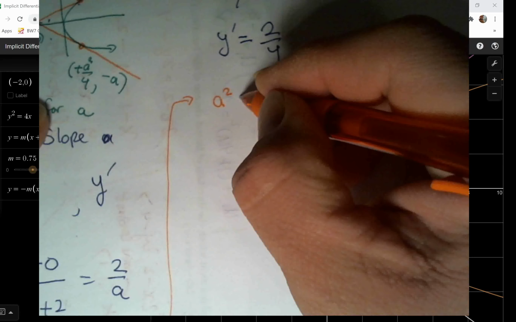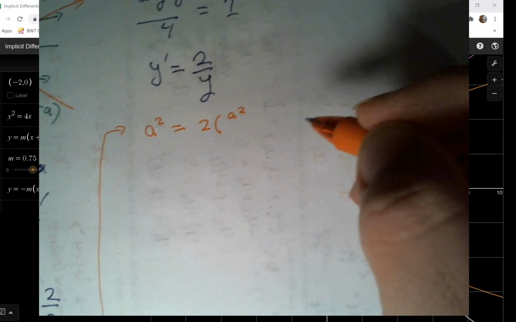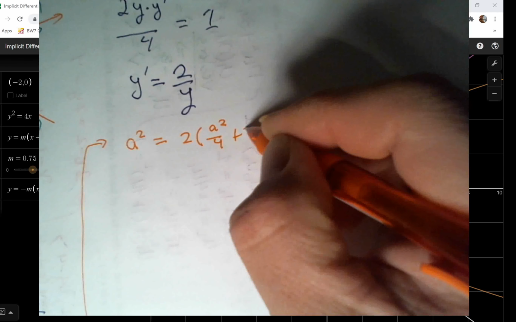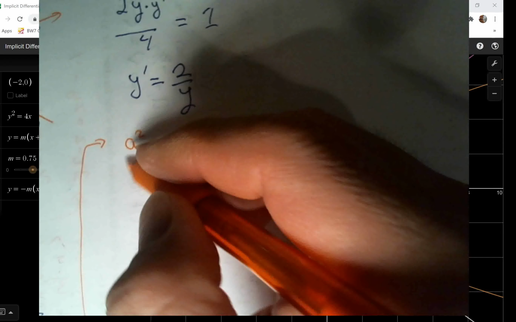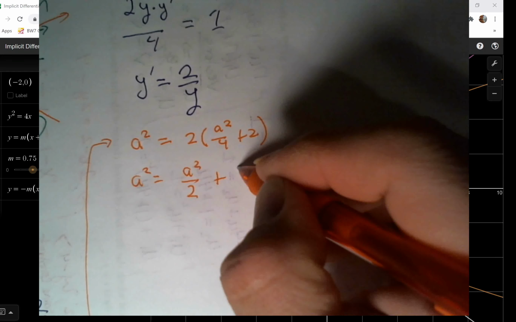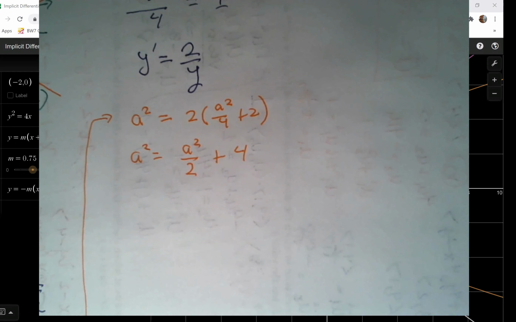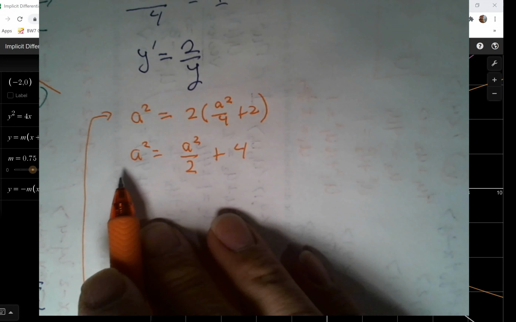And then we get 2a squared over 4 plus 2. All right, let me distribute here. That's 4. And let me subtract a squared over 2 from both sides.